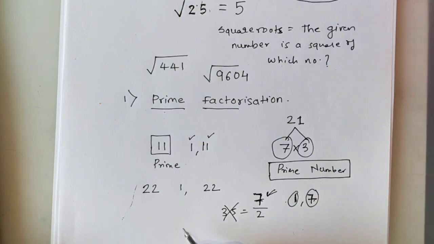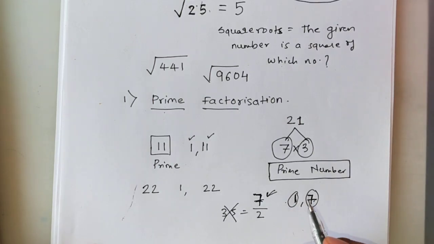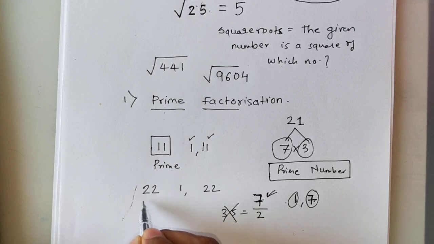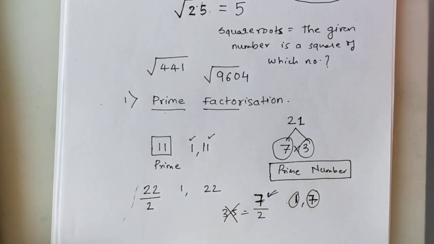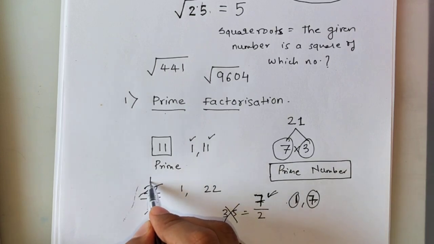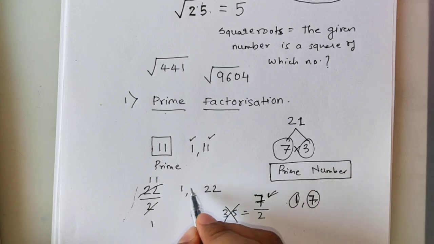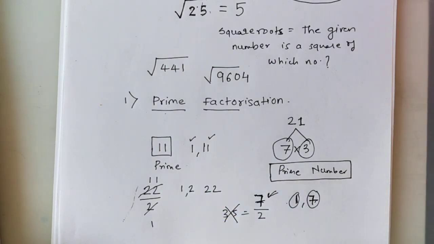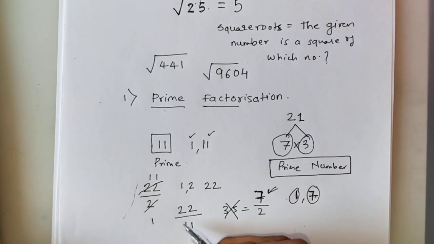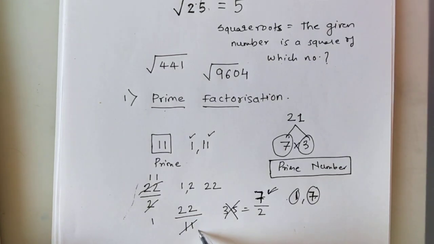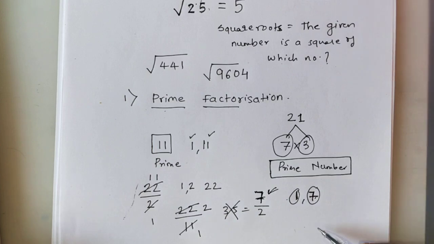I have two numbers with me which can divide 22 perfectly. Let's say I divide 22 by 2. 2 ones are 2, 2 ones are 2, so it is perfectly divisible. That means 22 is also divisible by 2. Now I can also divide 22 by 11. You see, in the table of 11 you get 22. How? 11 ones are 11, 11 twos are 22.